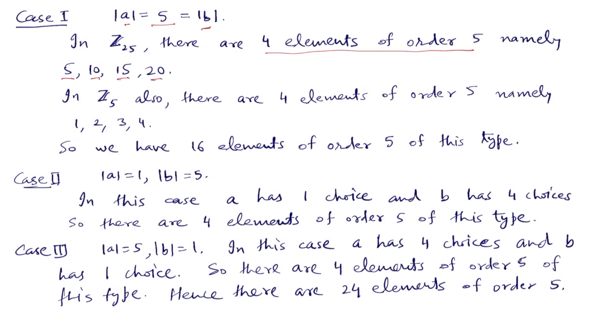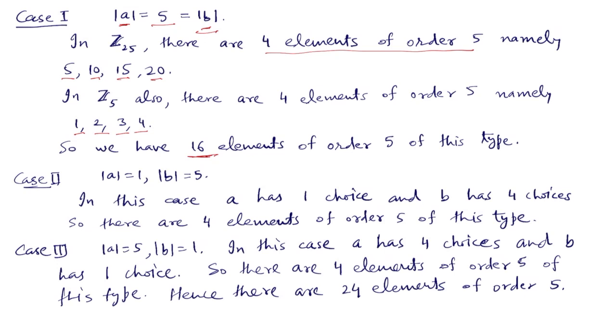In Z5 also there are 4 elements of order 5, and these are 1, 2, 3 and 4. So a has 4 choices and b has 4 choices. So overall we have 4 times 4, 16 choices. So we have 16 elements of this type where the order of a and the order of b are both 5.